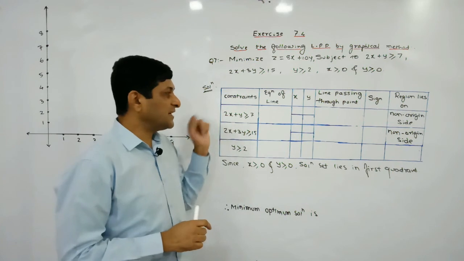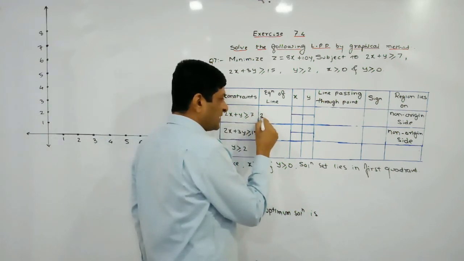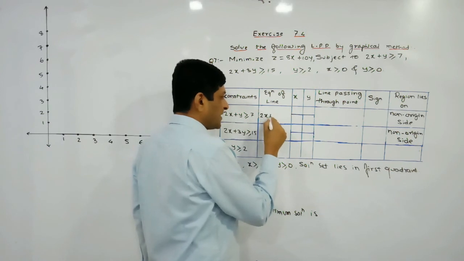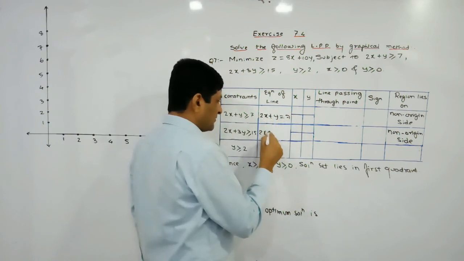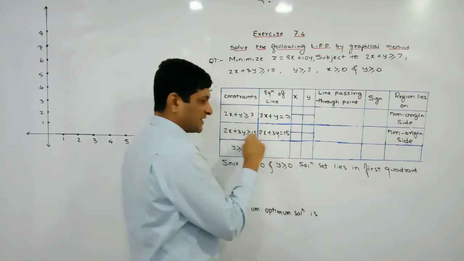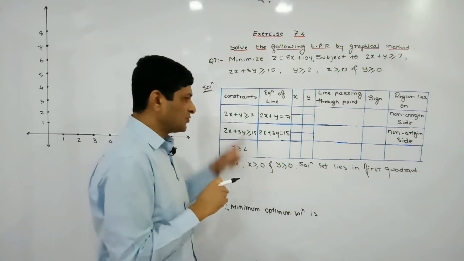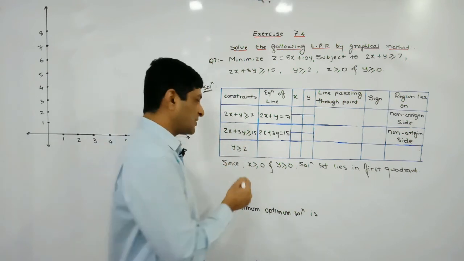So we have considered the first constraint, from which we will get one line, 2x plus y is equal to 7. To find the solution of the second constraint, we have to construct the first line, and using the inequality later on we are able to check which part will be the solution set.